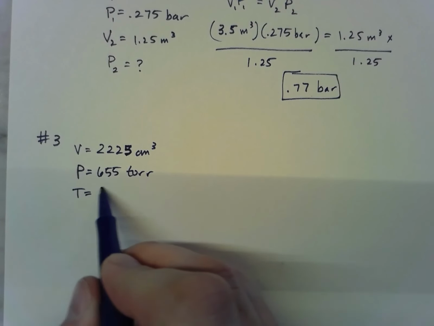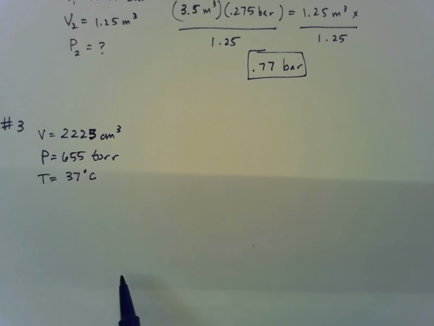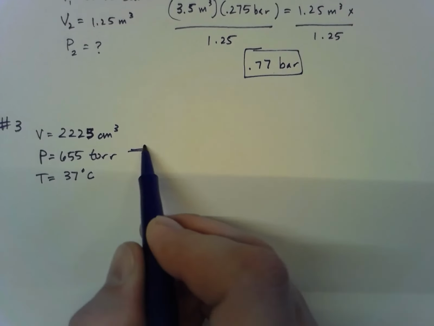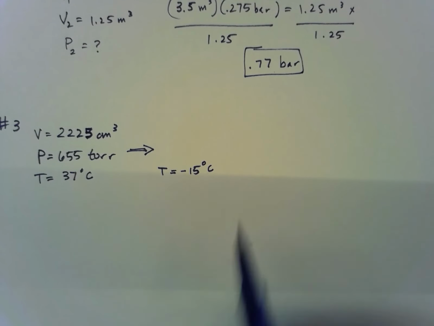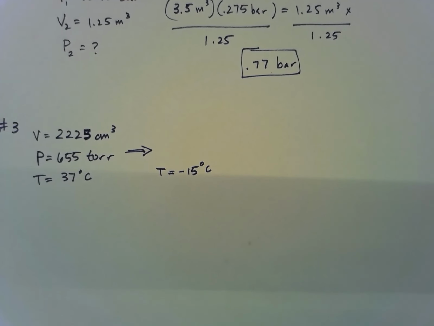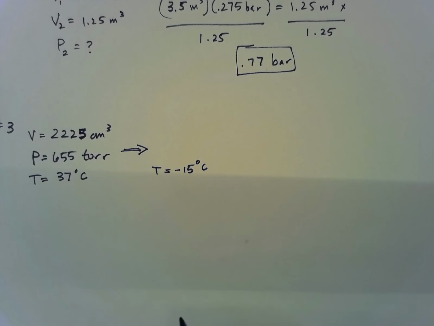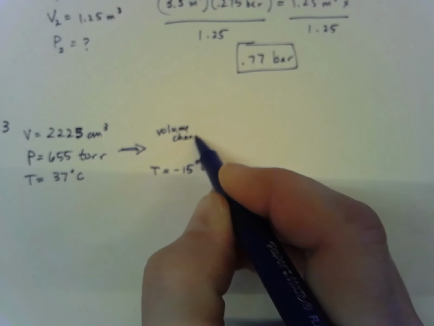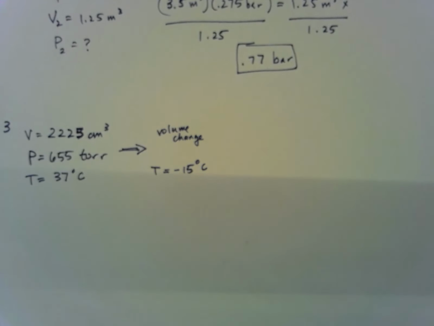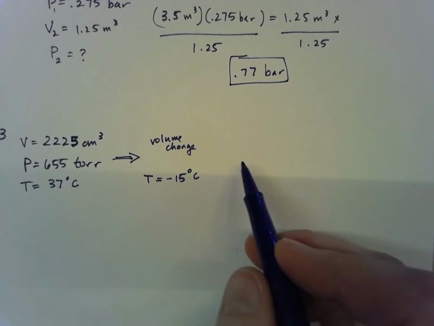Temperature is 37 degrees C. The gas is first cooled to where the temperature is negative 15 degrees C. Pressure is constant, so we can see that our volume is going to change. All right, so we'll actually label that. We'll just say volume change. All right, and then what happens? Then the pressure is decreased to 603 torr.